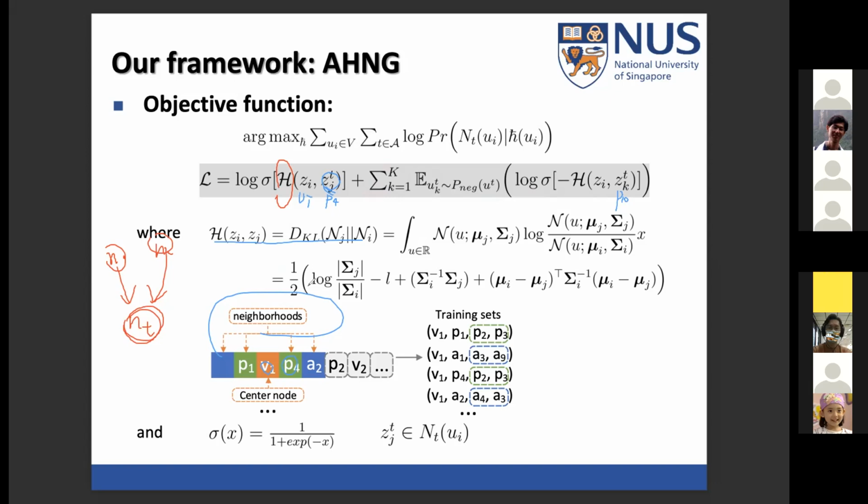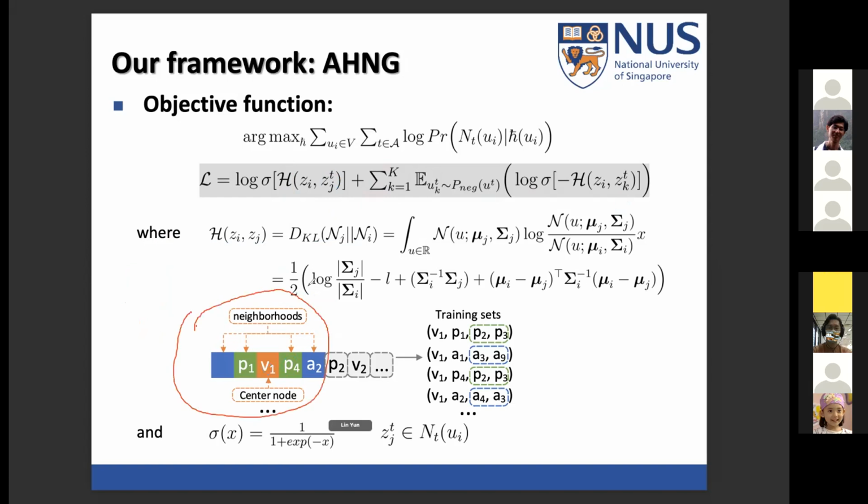So maybe I'll repeat it here. In Mengyue's approach, this is a sliding window. Given a sliding window, all the nodes are considered neighbors. Because each node is encoded into a distribution, the objective function uses KL divergence as a similarity function to make sure all the nodes within a window are as similar as possible.